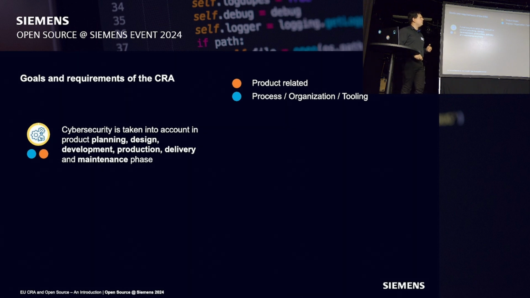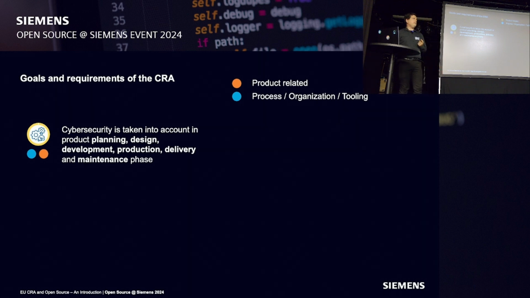cybersecurity is taken into consideration in every aspect of the product lifecycle, yeah? From the planning to the design, till the moment that the product is built and then handed over to the end user, to the customer, and then operated and maintained. Another very, very important aspect is the risk.